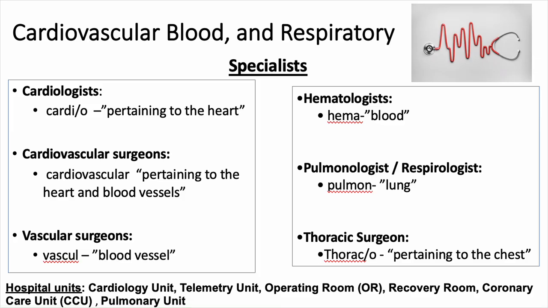So this could be infection-based, or a pulmonary embolism is a blood clot in the lung. But chronic obstructive pulmonary disorder, or COPD, is a very common disorder associated with various things like long-term smoking.